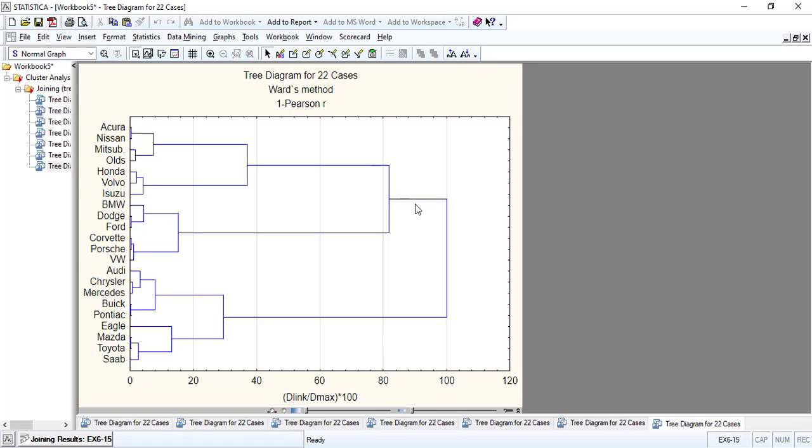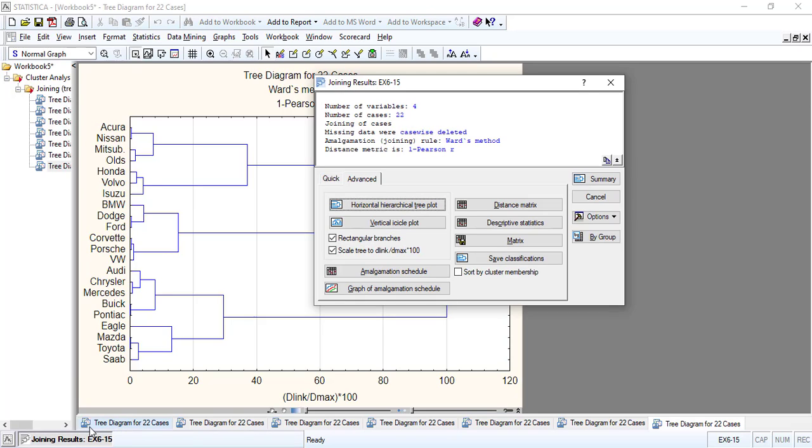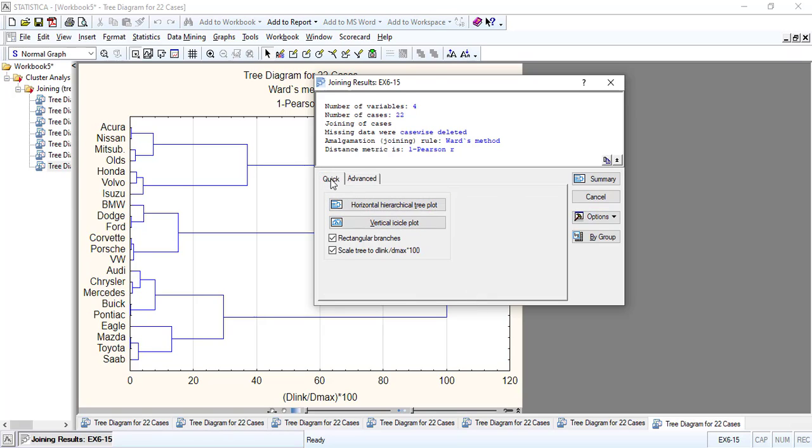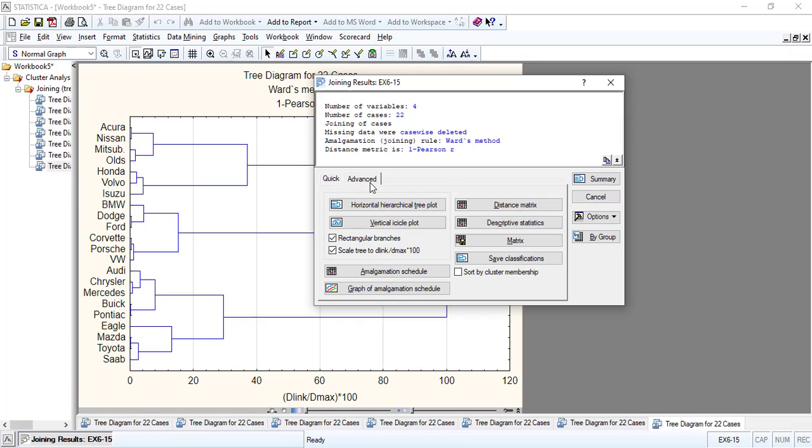3 clusters. Okay, and you try to set it, and you can move this. Define how you define the distance among these 3 clusters, right? And they will set for you.